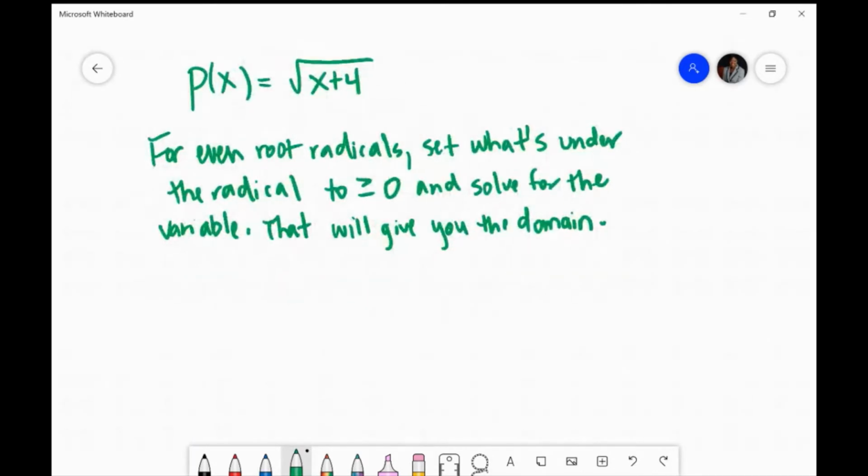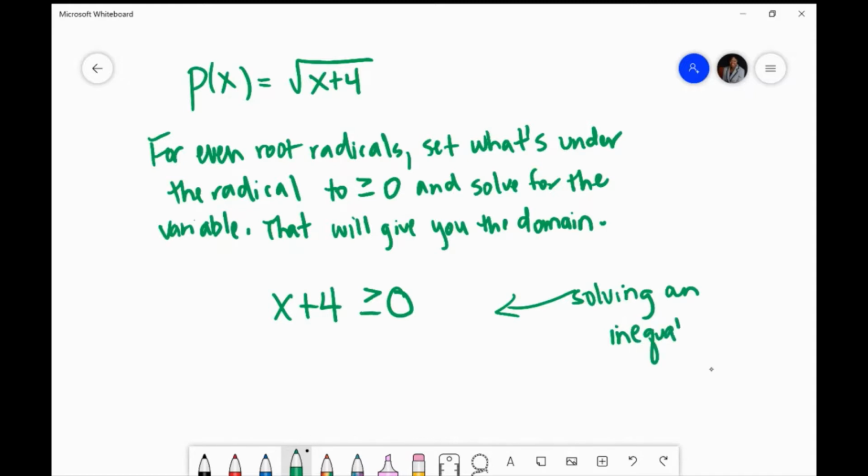All right, so for X plus 4, we're going to set X plus 4 greater than or equal to 0. So we're solving an inequality. It's not too bad, sort of like solving a regular equation. But inequalities have strange rules: if you divide by a negative number on both sides, you switch the direction of the inequality. Y'all remember that?